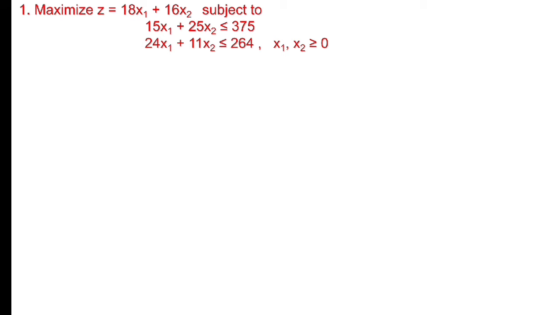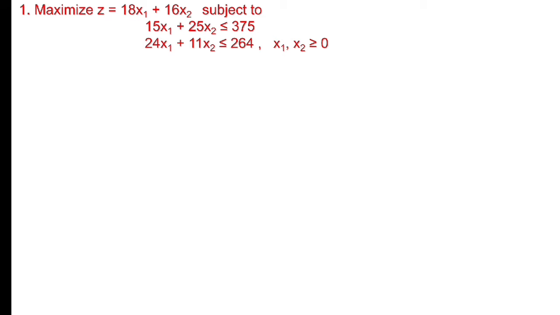Maximize z equal to 18x1 plus 16x2 subject to 15x1 plus 25x2 less than or equal to 275, and 24x1 plus 11x2 less than or equal to 264. The condition is that x1 and x2 are non-negative values, meaning the first quadrant.